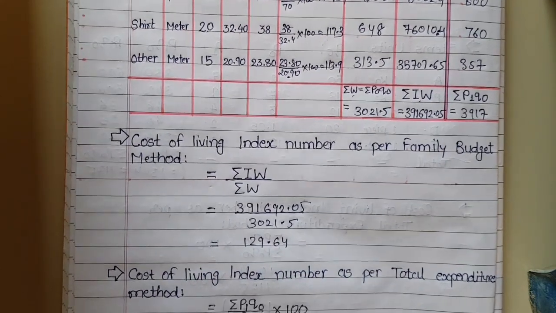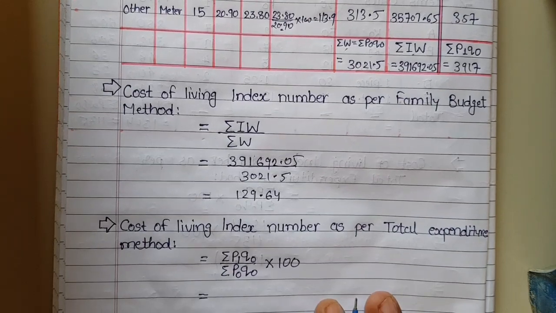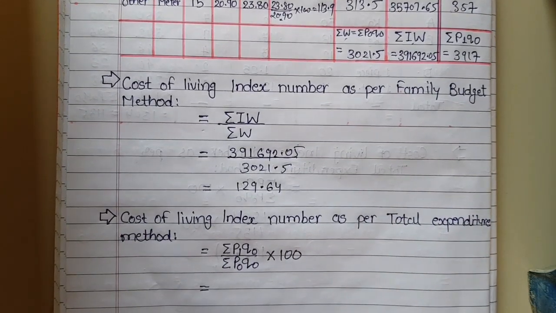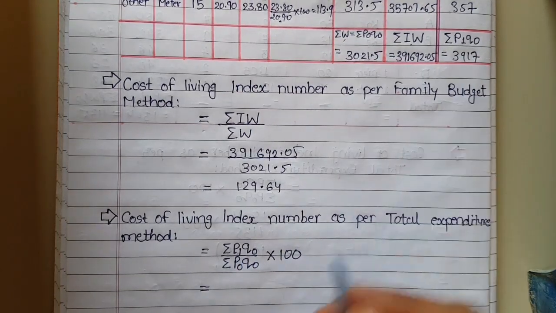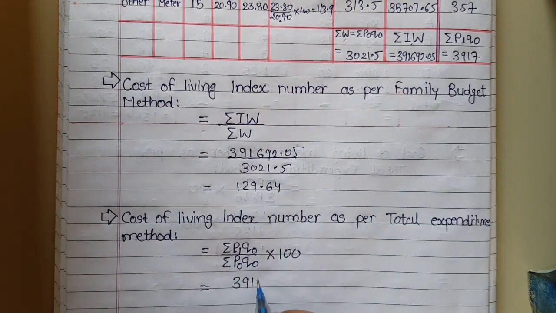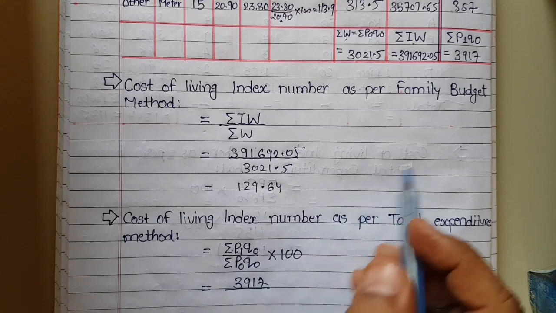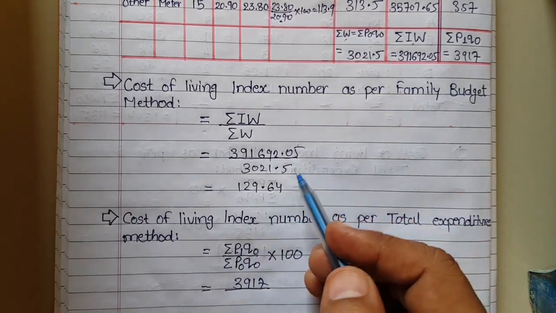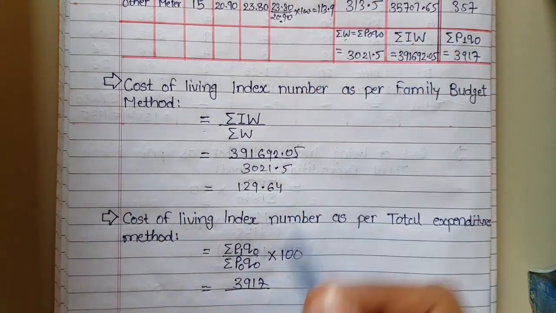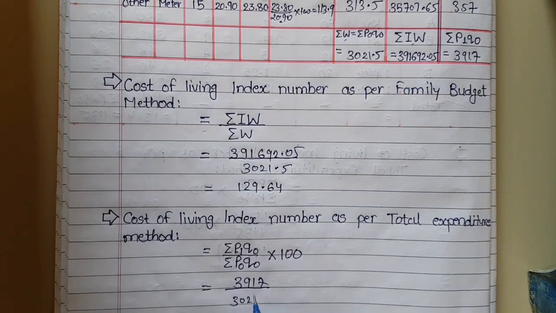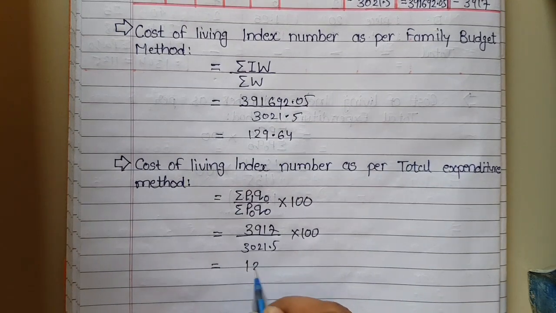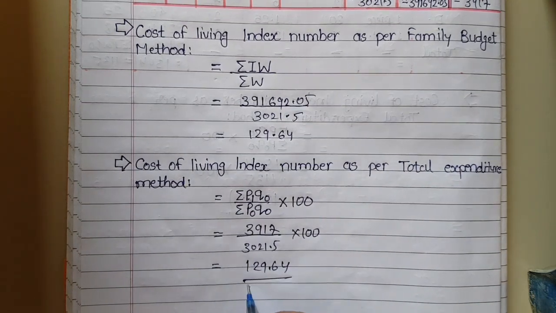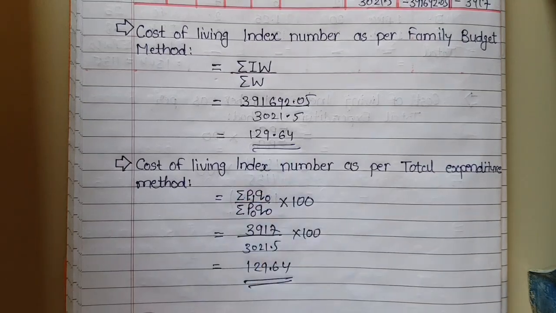In the same way in our total expenditure method we need sigma P1 Q0, that we have prepared here, 3917, divided by the denominator P0 Q0, that was the same 3021.5, multiplied by 100. So here we get 129.64. In both the methods we got the same answer.